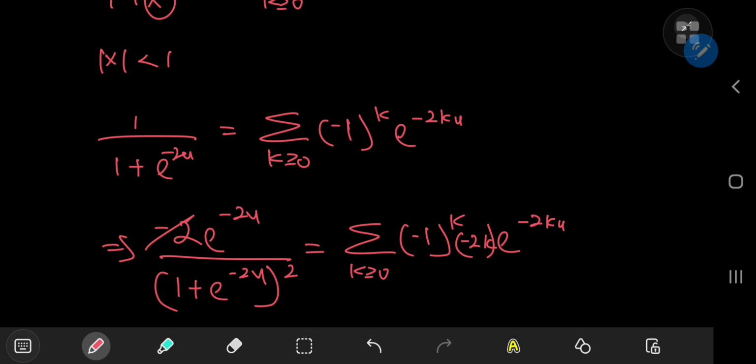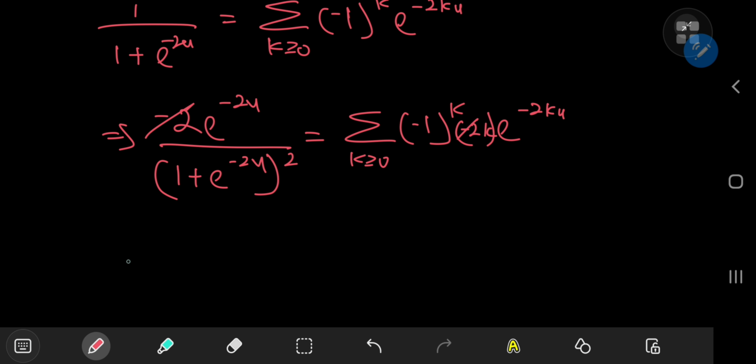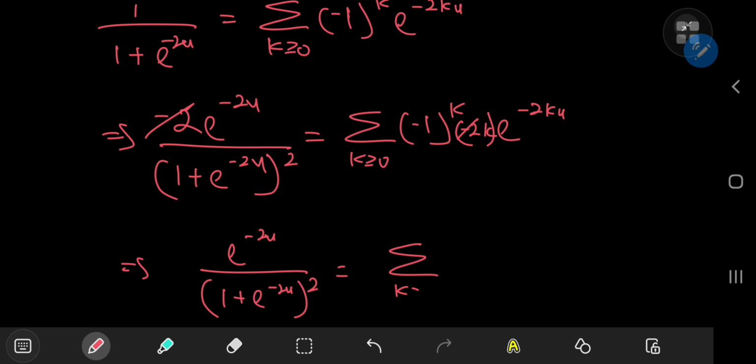And the negative 2's cancel out quite nicely. And finally, we have e to the negative 2u divided by 1 plus e to the negative 2u squared being equal to the sum over k of negative 1 to the k times e to the negative 2ku.